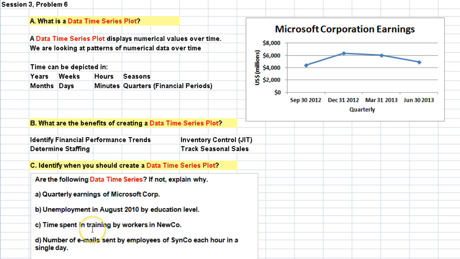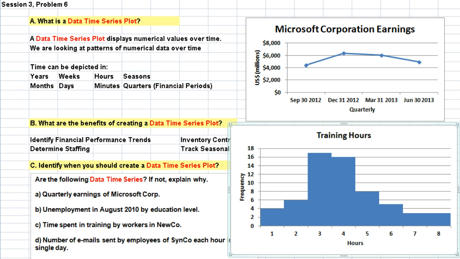And then time spent in training by workers in NUCO. That might be confusing too, because it's time spent in training. So what I did was I set up a histogram, and it showed how many times we would train for an hour, how many times we trained for 2 hours, 3 hours, and so forth. And that I created in a histogram.